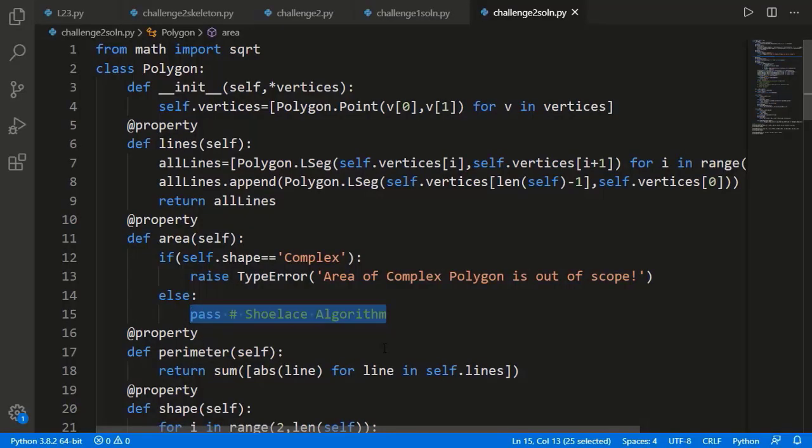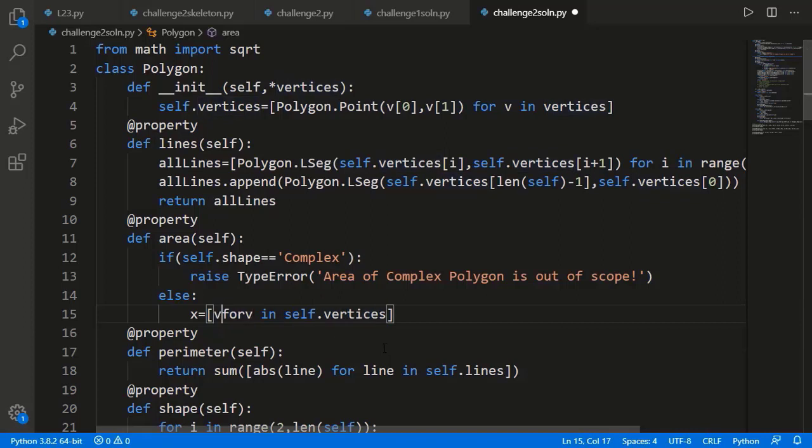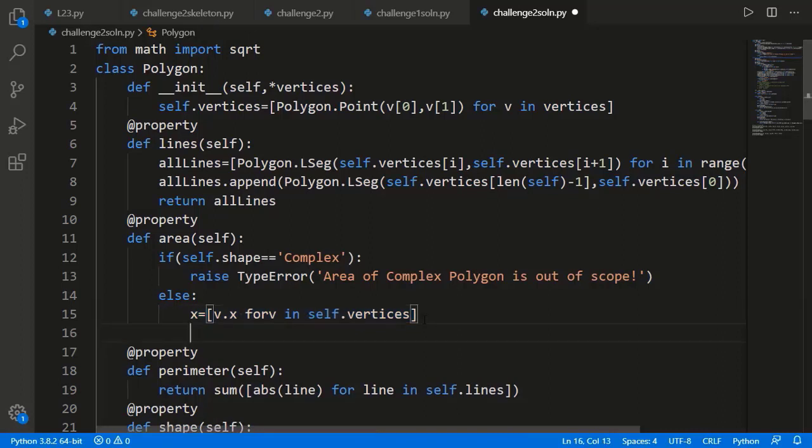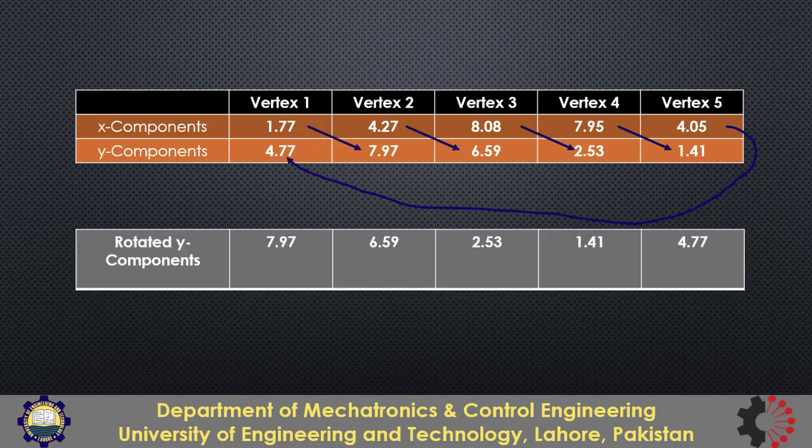First, we should have list of x and y components of all vertices of the polygon. For the cross multiplication, it will be better to arrange the list y in this way such that each value is shifted 1 unit to the left side and the first value is moved to the last index.